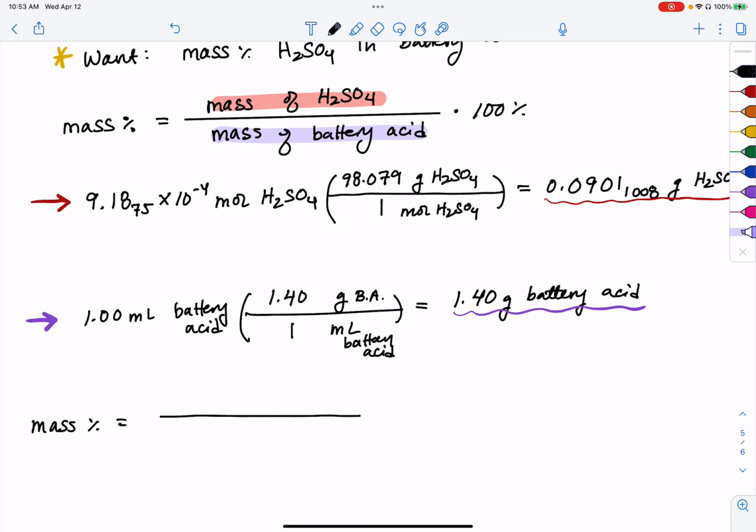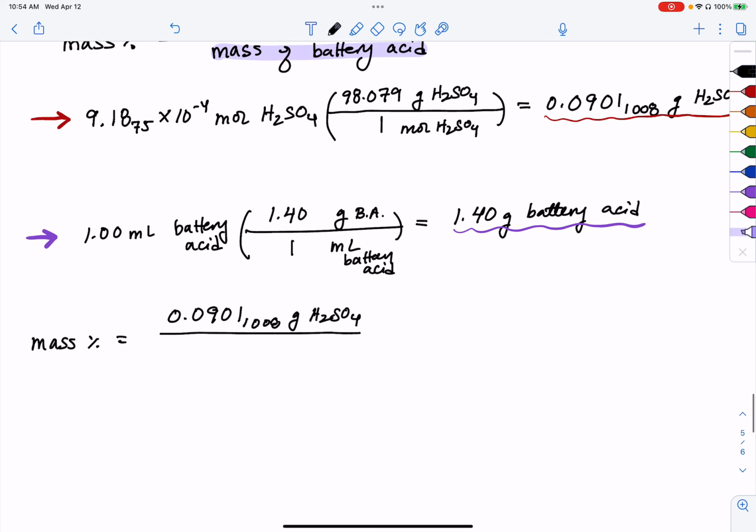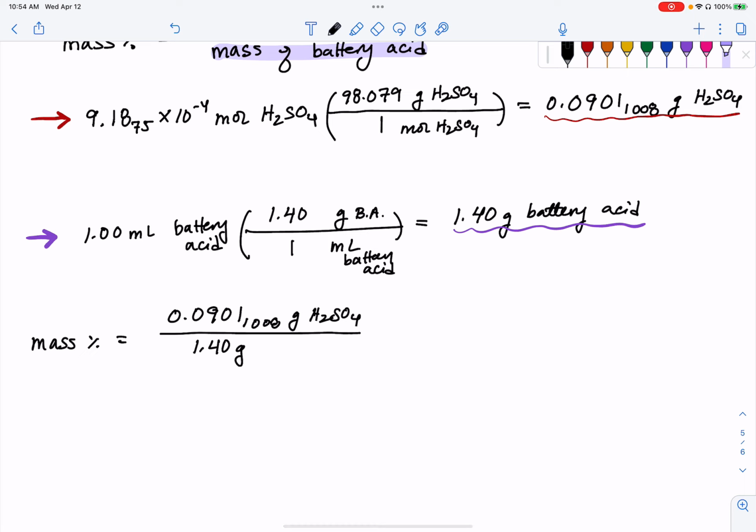So I have my 0.0901, and then I'm going to use the unrounded value, 1008 grams of sulfuric acid obtained from my mole amount of sulfuric acid from my stoichiometry, over my 1.40 grams of battery acid, times 100%.